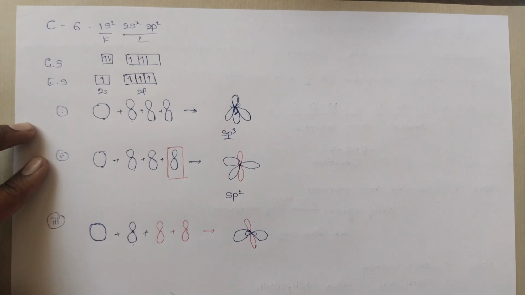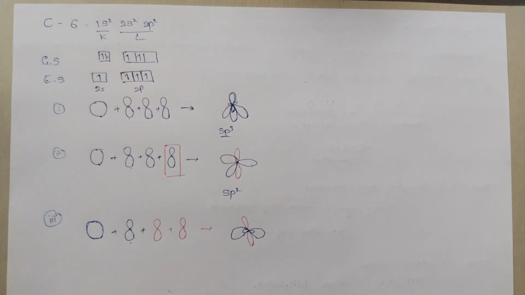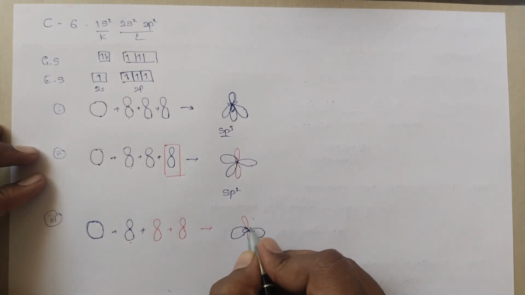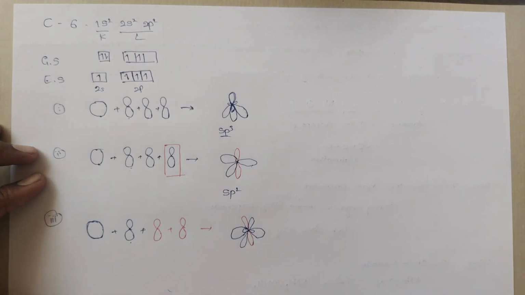One is this, and there is this. Okay, here 1s orbital and the 1p orbital are involved in the hybridization to give the 2 sp hybridized orbitals. So this carbon is called sp hybridized carbon. And how many p orbitals are unhybridized? Here these 2 p orbitals are unhybridized, means these are not involved in the hybridization.